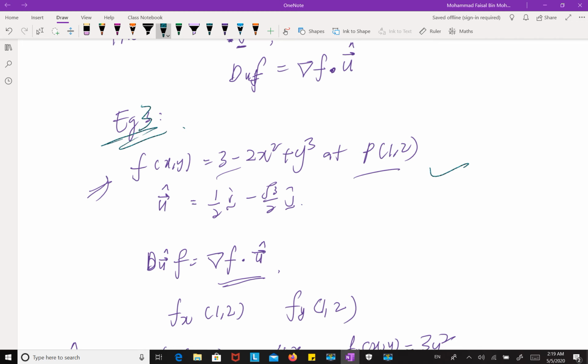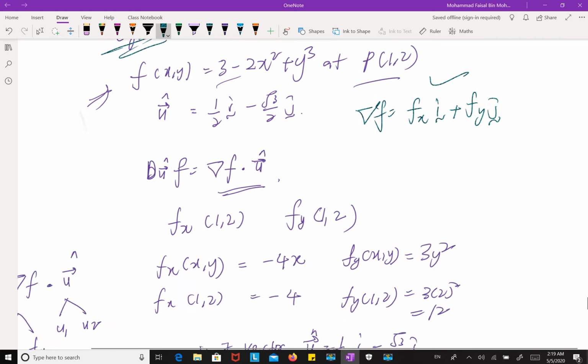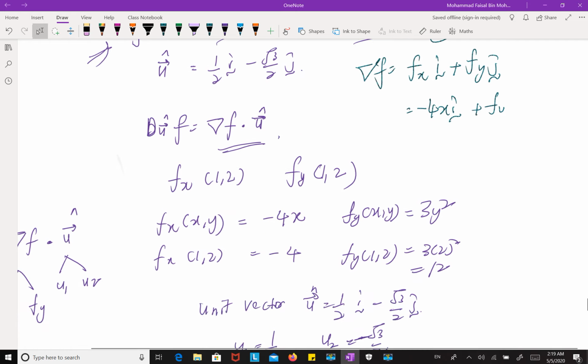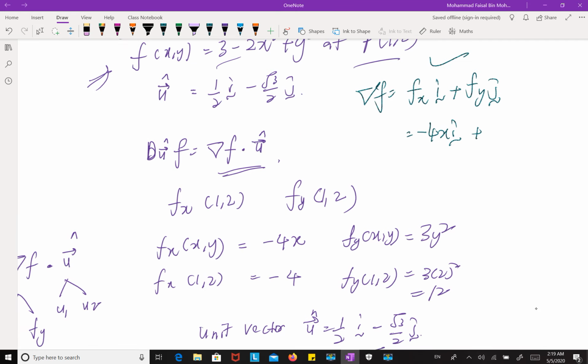we have f equals 3 minus 2x squared plus y cubed at 1, 2, and then the gradient of f is fx i plus fy j. So your fx itself is negative 4x, negative 4x i plus 3, fy will be 3y squared, 3y squared j.